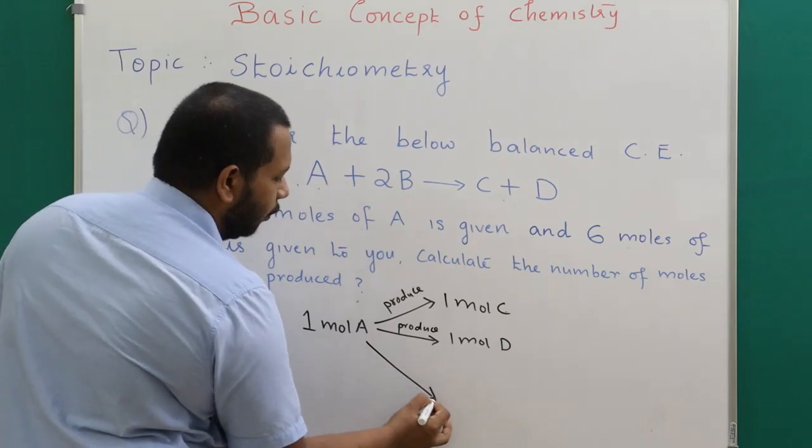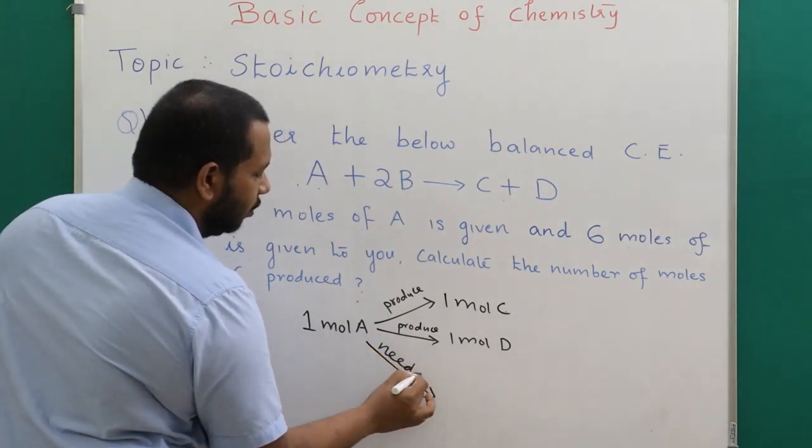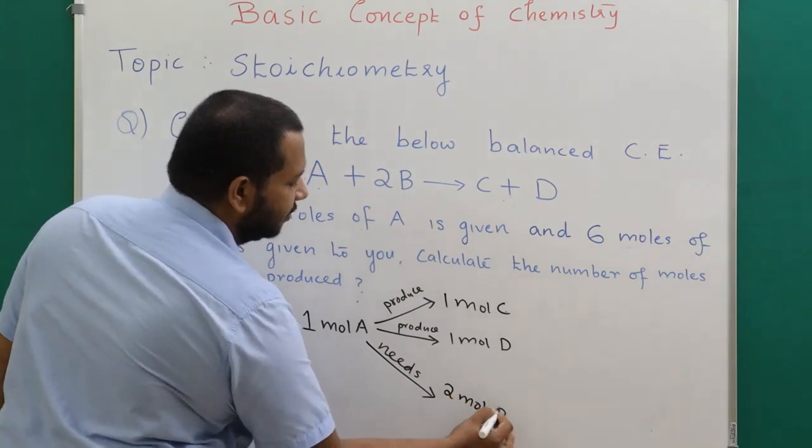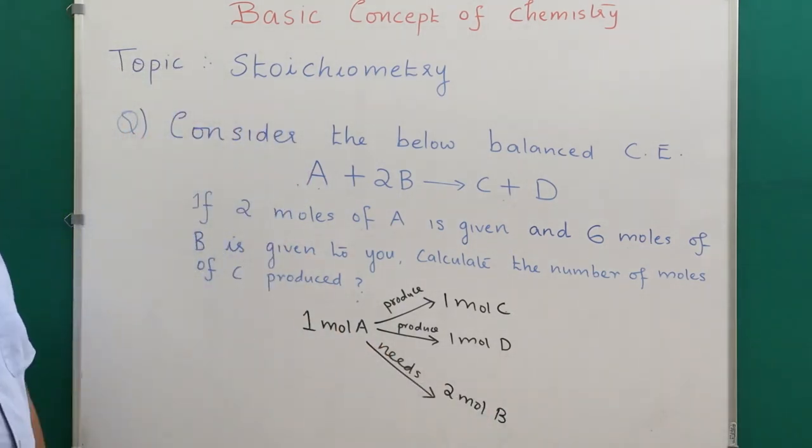And 1 mole of A needs 2 mole of B. Everything is based on the limiting reagent then.